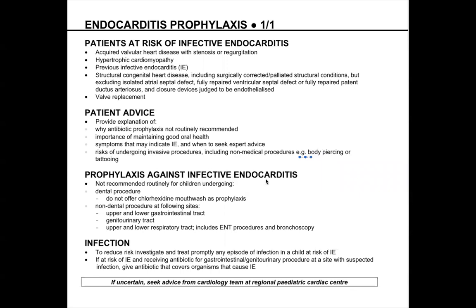So regarding prophylaxis against infective endocarditis, this is very important. It is not recommended routinely for children undergoing dental procedures, and also do not use chlorhexidine mouthwash as prophylaxis. Then for non-dental procedures at the following sites: upper and lower GI tract, genitourinary tract, upper and lower respiratory tract, including ENT procedures and bronchoscopy, they are telling no need for prophylaxis.